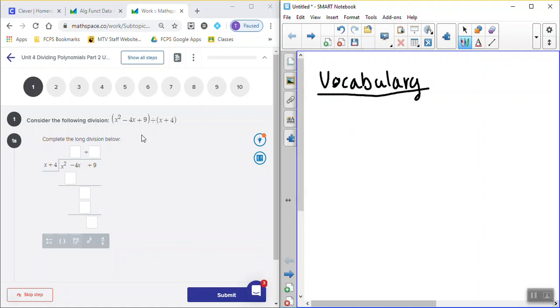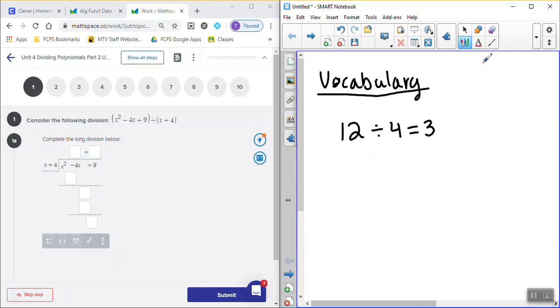So first of all, let's look at a little simpler problem. Let's say we take 12 and divide it by 4. So 12 divided by 4, the answer is 3, right? So what are the different parts of this?